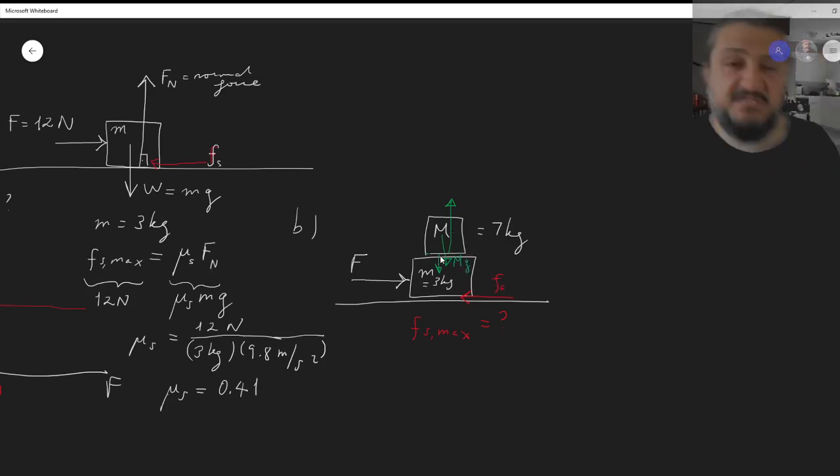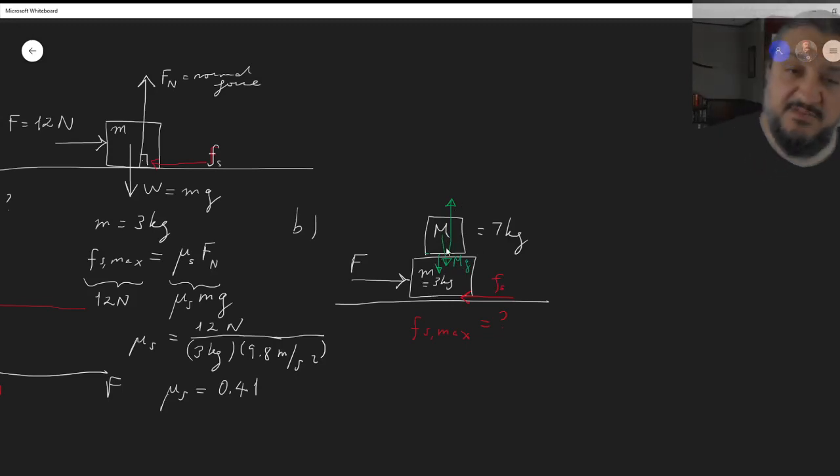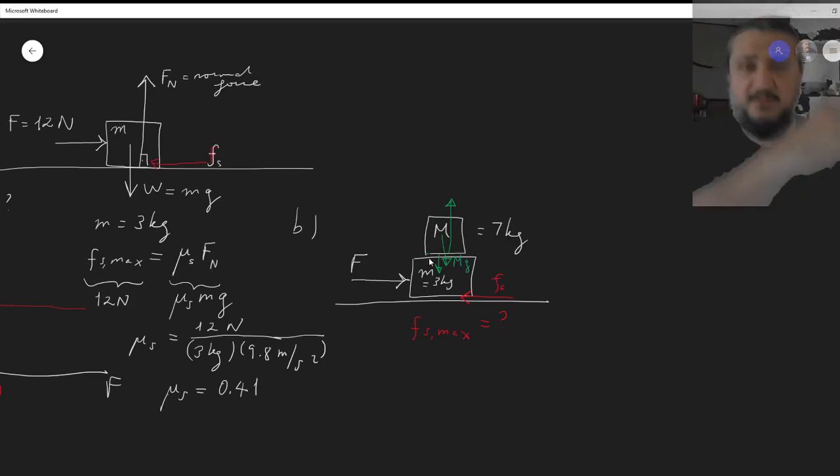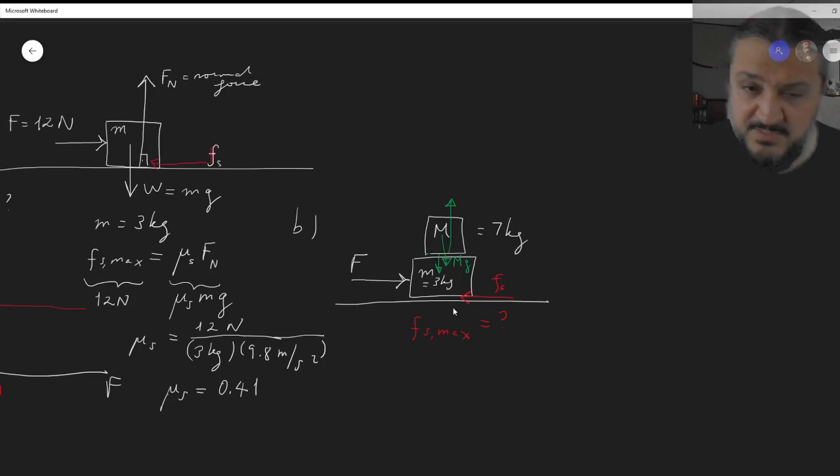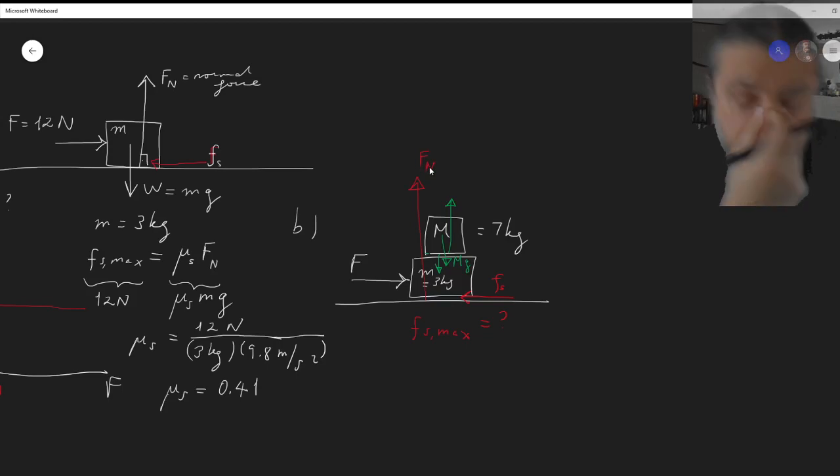But we're not going to use these forces because we're not interested in the interaction between the two masses. They move together, okay? What we need to know is what happens between the surface and that. So we just need the normal force over there. All right, this is the normal force we have.